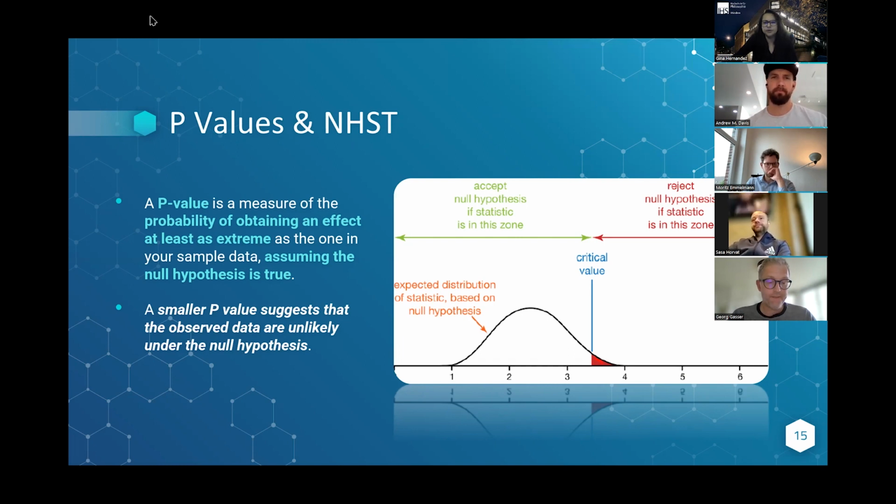So basically here in this chart, we have a sample distribution. Usually, we will talk about this, a normality distribution, the bell shape.